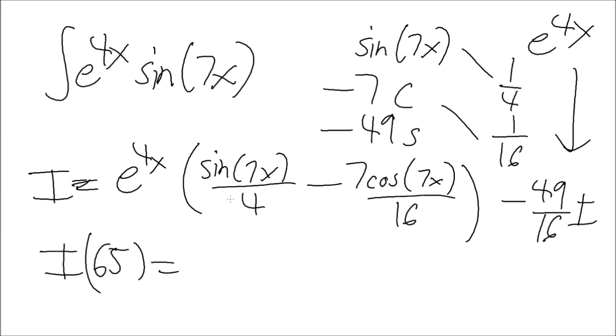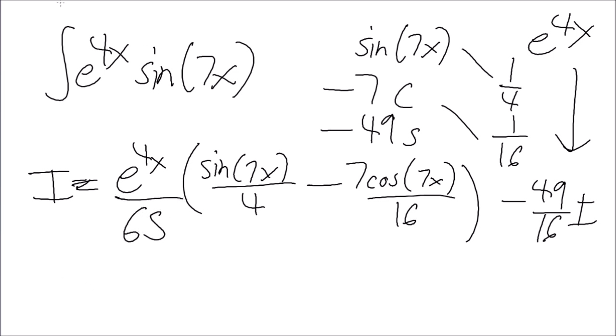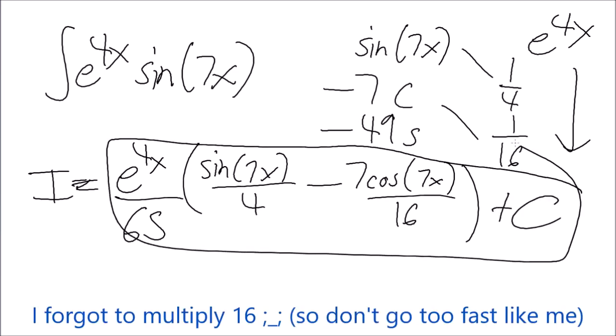And because it's 65, I'll just go ahead and divide everything by 65. Okay, erase this. Write down my constant. And then you're done.